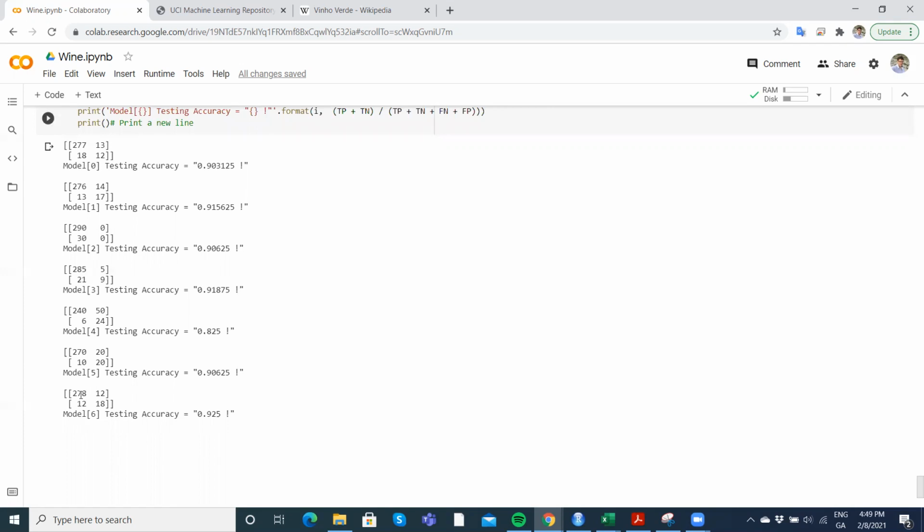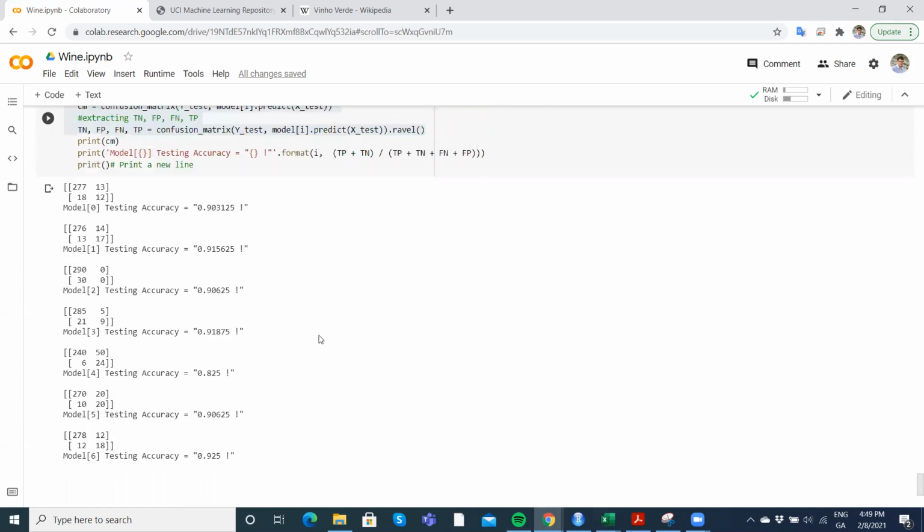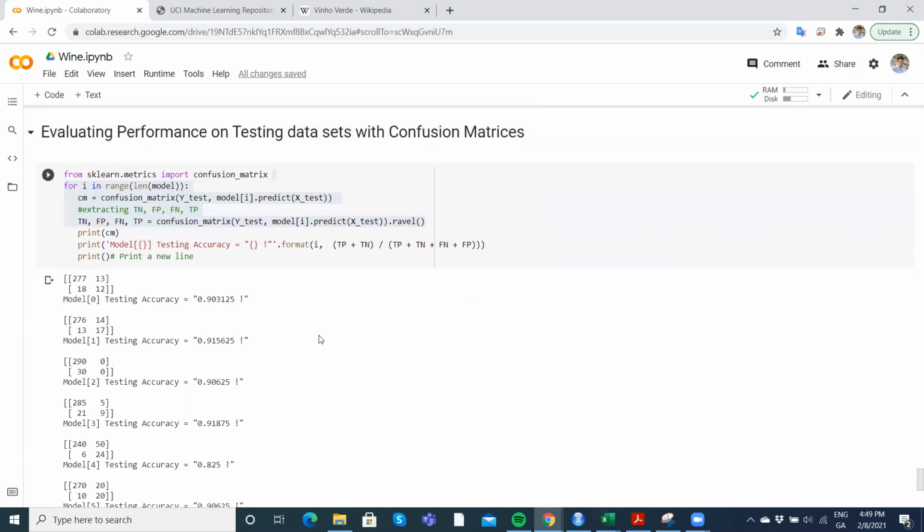But the tricky bit is predicting the good ones. If we predicted all the wines were bad, we'd actually get a relatively good level of accuracy. And so this is what the confusion matrix reveals here, and it's quite good in terms of getting an overall picture of what's going on.